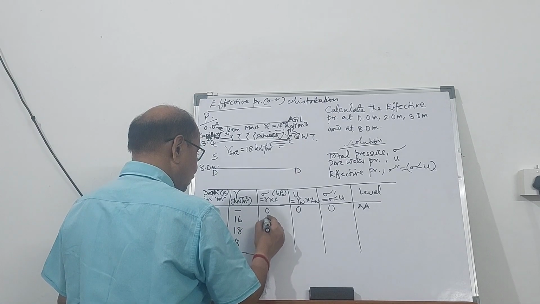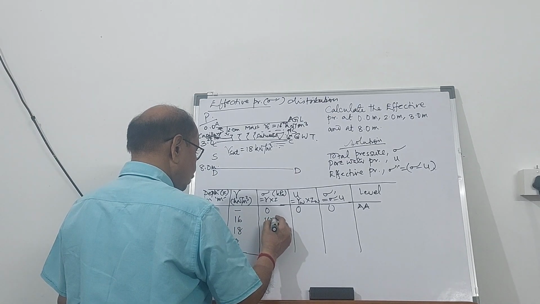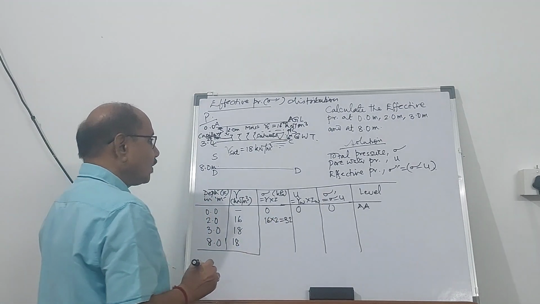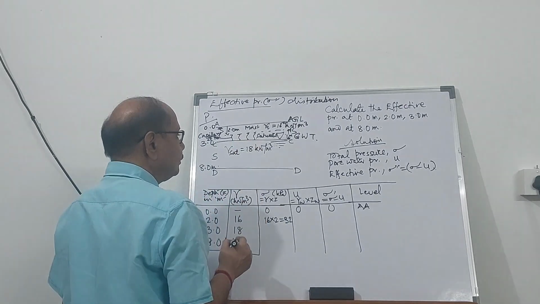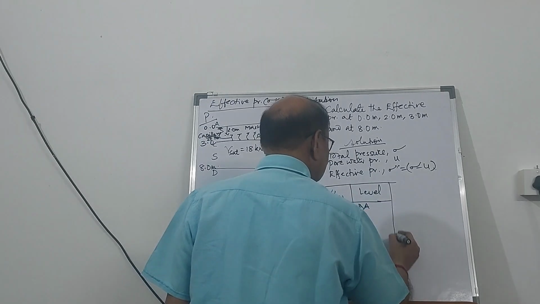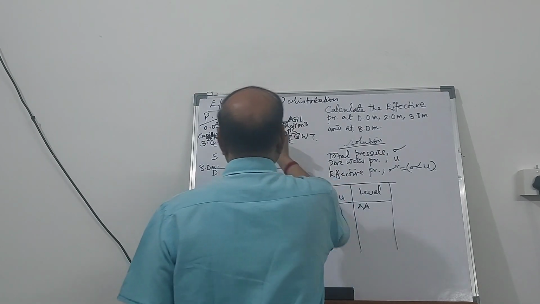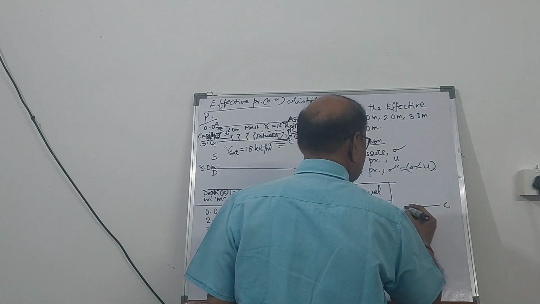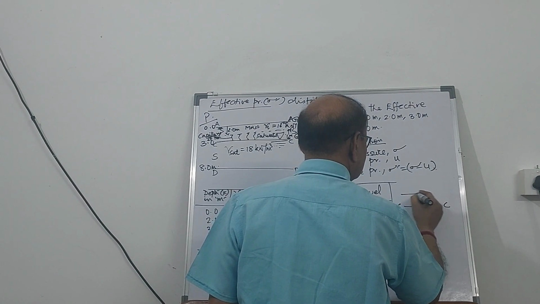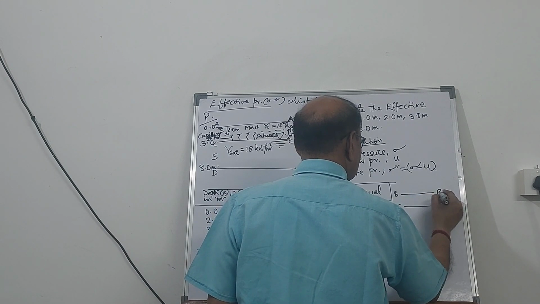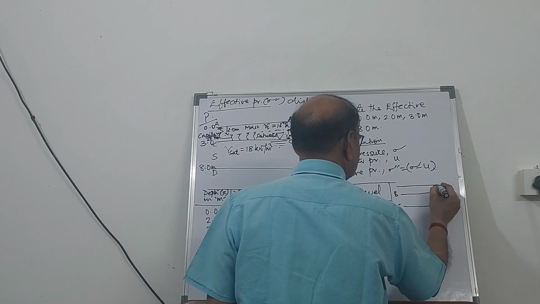So 16 into Z, which is 2, that is 32 kilopascal. And the pore water pressure can be explained over here. You can see here that this is CC, this is BB, and this is A.